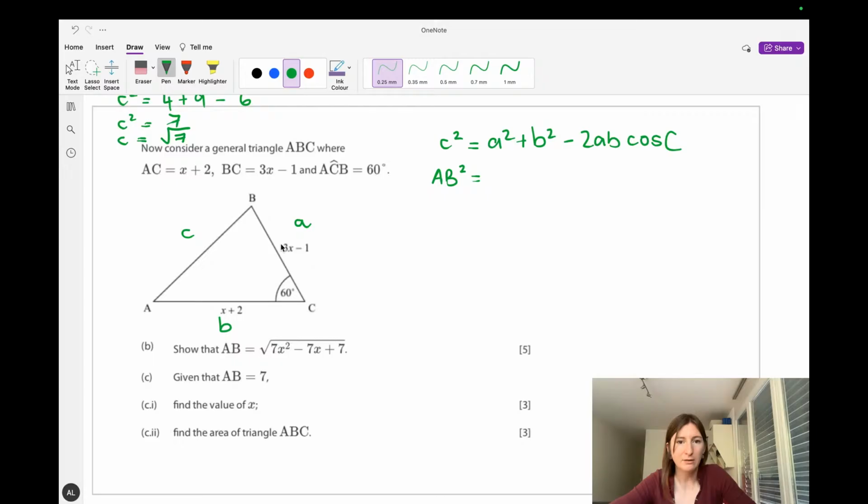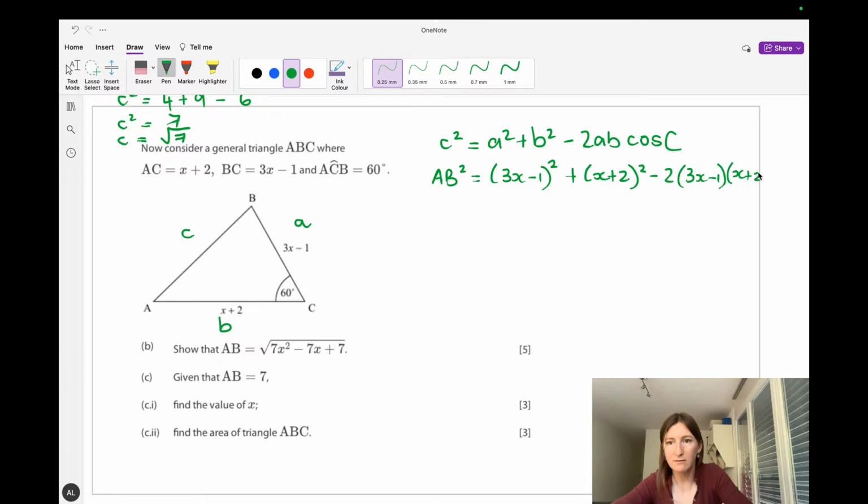Now, A squared, well, that's 3x minus 1. Just trust the formula. Keep going. Don't be put off by these squareds and algebraic expressions. B squared, x plus 2, all squared, minus 2 times A, which was 3x minus 1. It's looking horrible, but we're going to simplify and it's going to be okay.